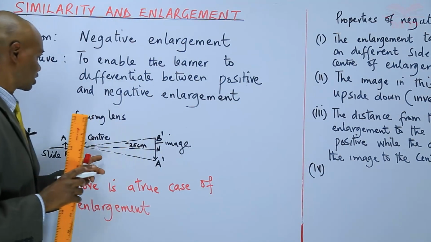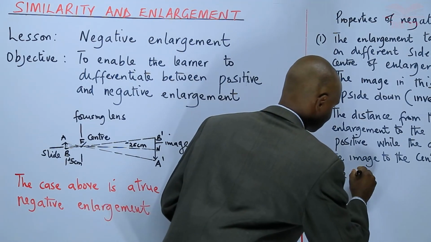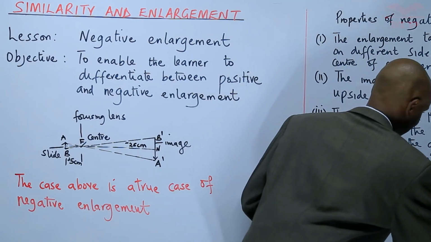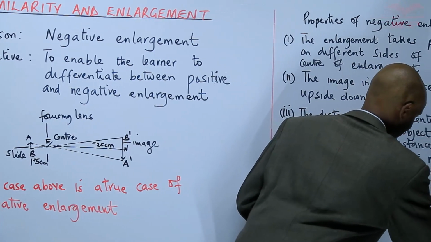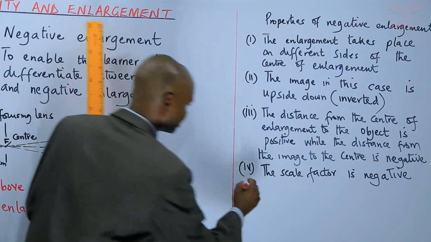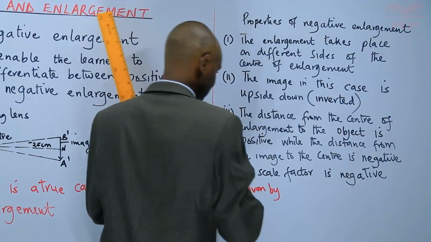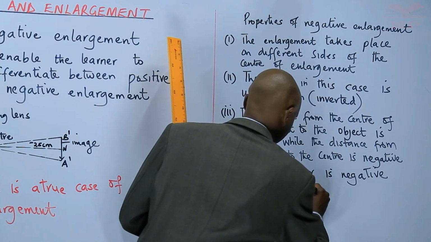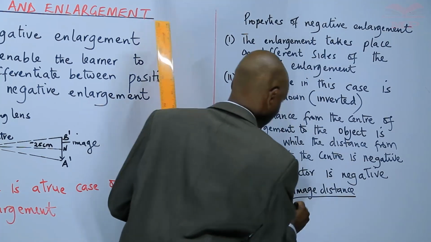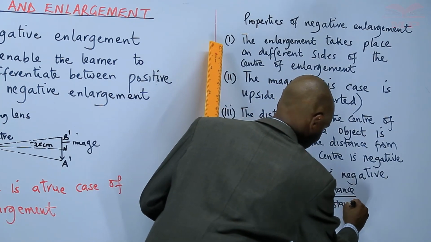The scale factor in this case is negative. It's given by image distance divided by object distance.